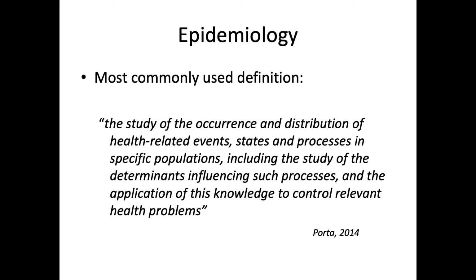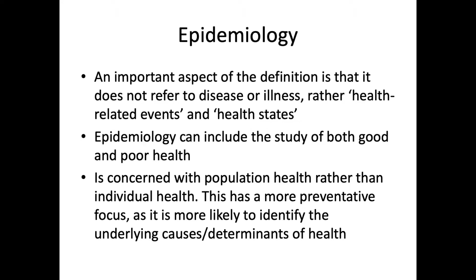So just to reiterate here, it is the study of the occurrence and distribution of health-related events. And this is really important. So in that definition of epidemiology, an important aspect is that it does not refer to disease or illness, rather health-related events and health states, which is consistent with how we've been defining health so far in this unit.